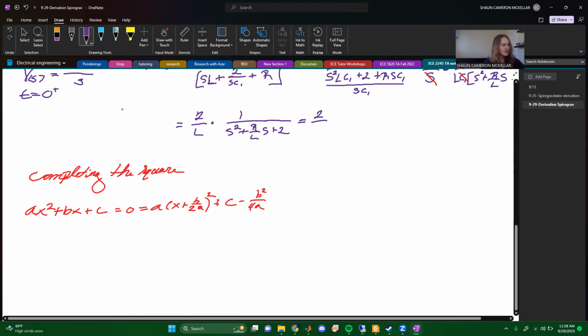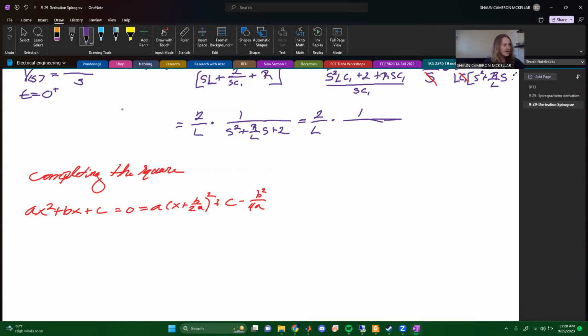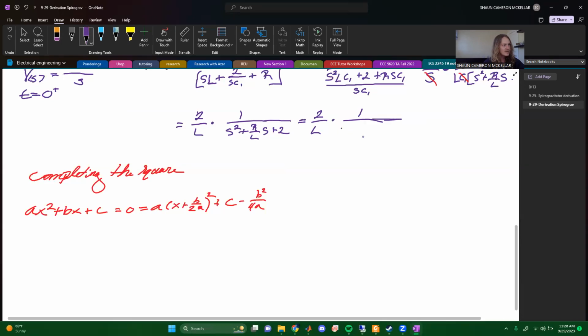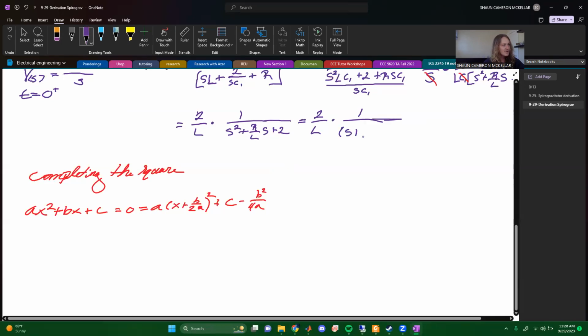So I have 2 over L times, here I'm going to have 1 over, my A term is 1, so I'm going to have S, not x, in this case, plus my B term, which is R over L here. So that's R over 2L.